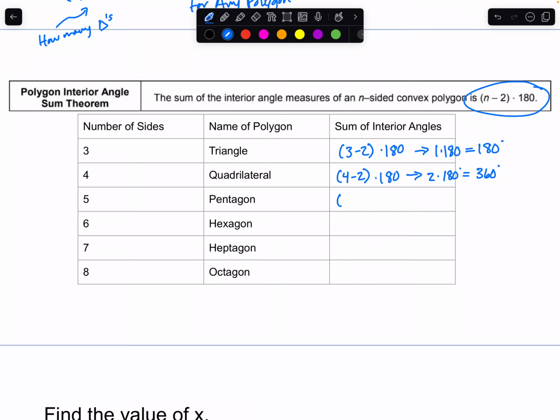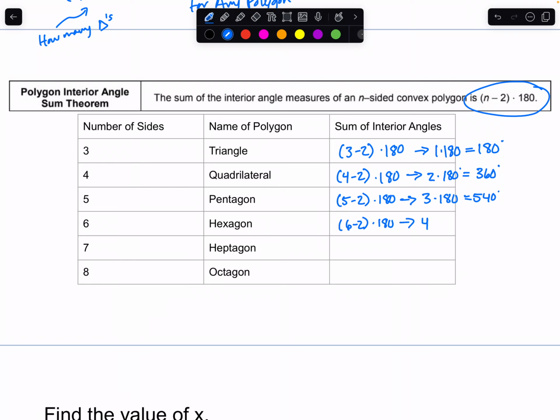A pentagon has 5 sides. 5 minus 2 times 180. 5 minus 2 is 3. So I have 3 triangles inside that shape times 180. And we did this earlier. 3 times 180 is 540. And we can keep going, right? 6 minus 2 times 180.